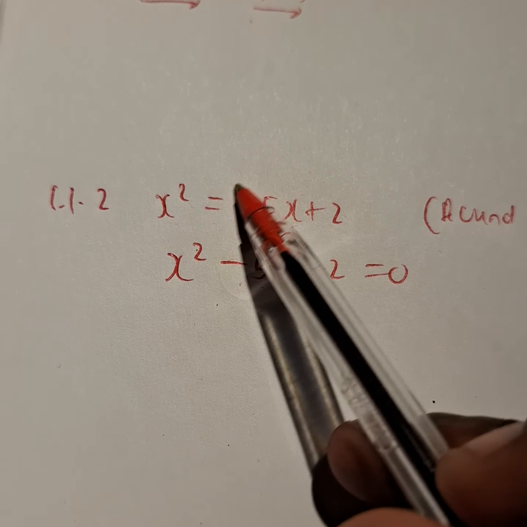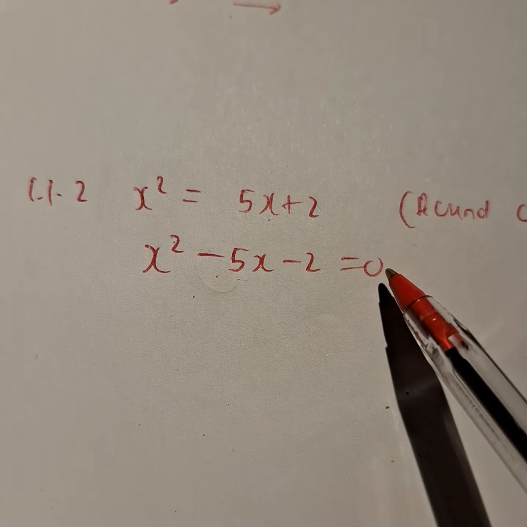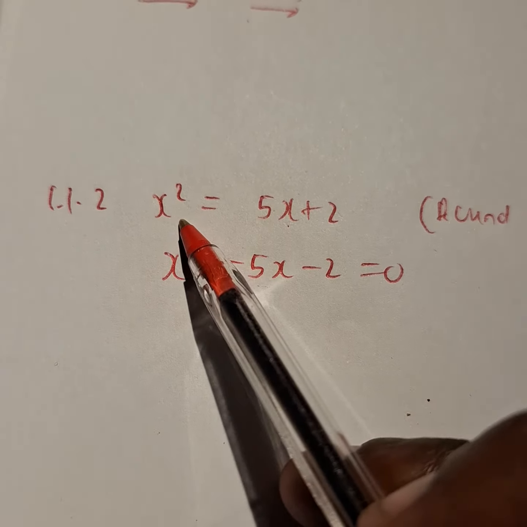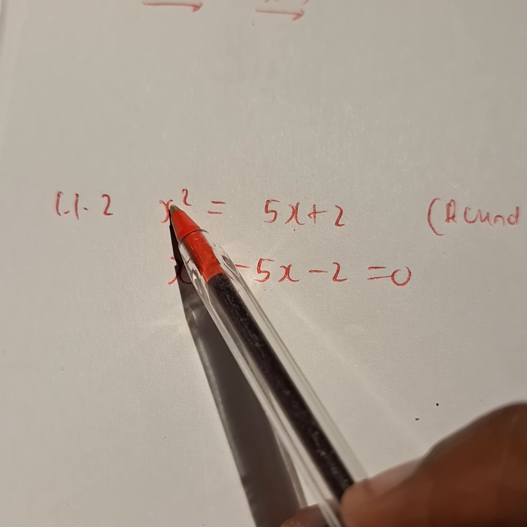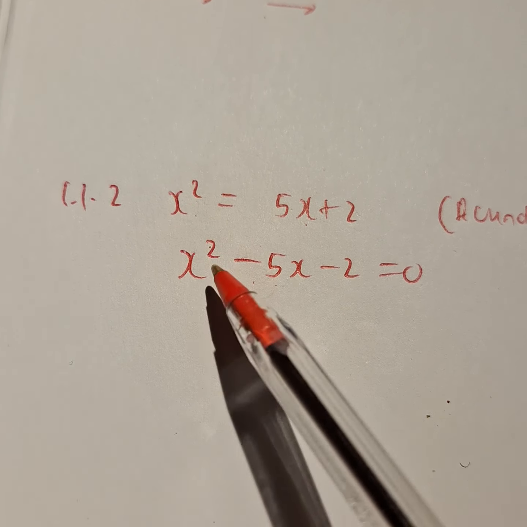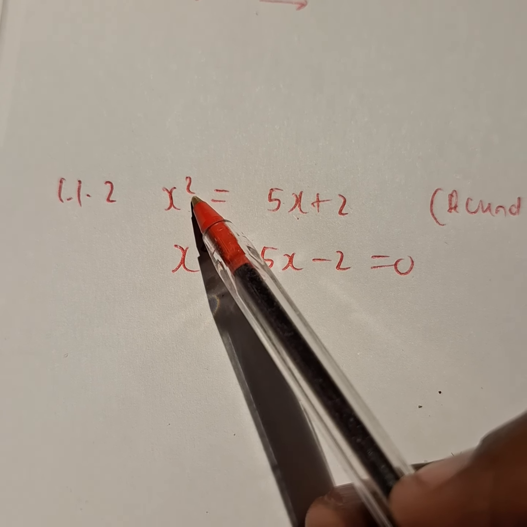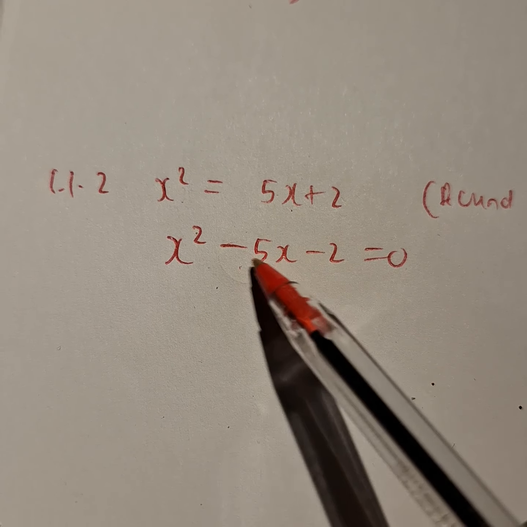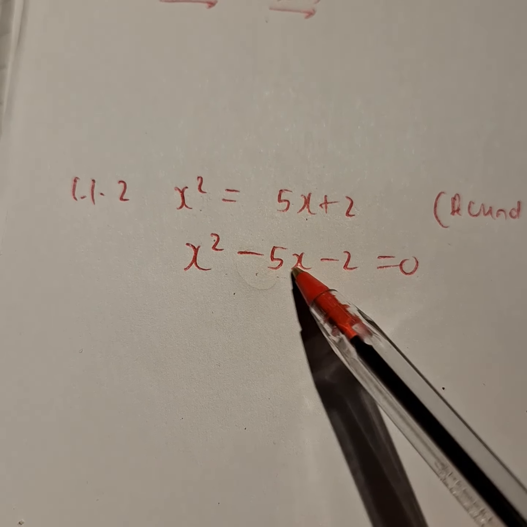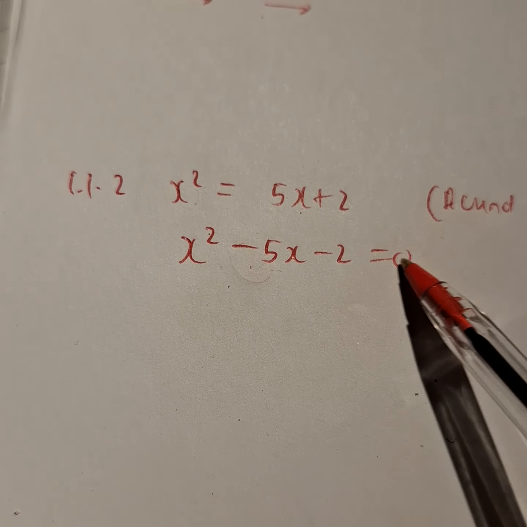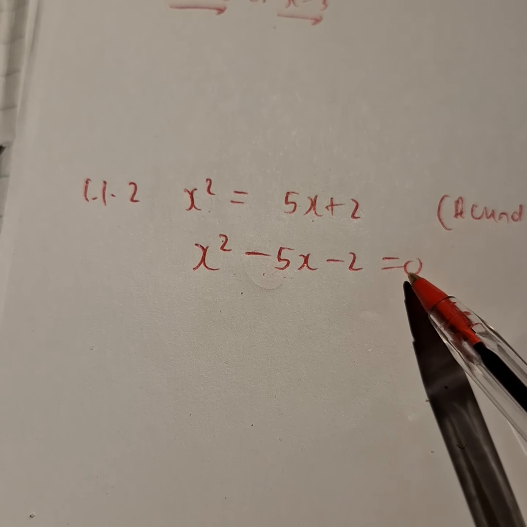So the elimination of those using the additive inverse would lead us to a 0 on the right, and on the left we get x squared minus 5x minus 2, equal to 0.